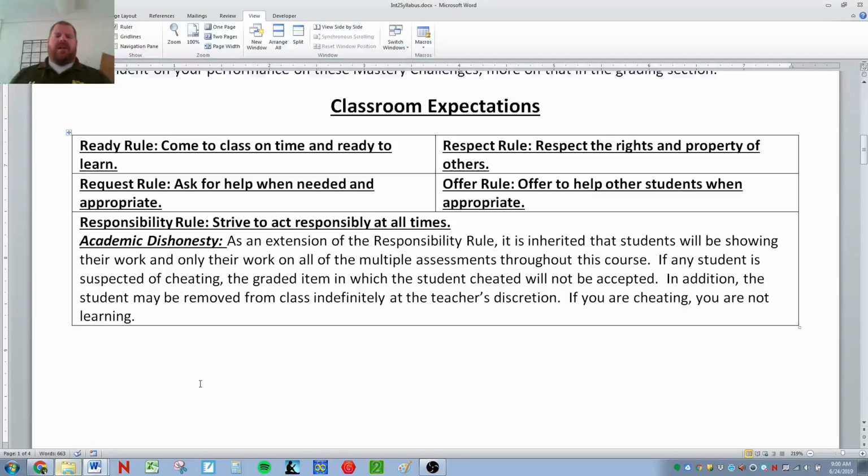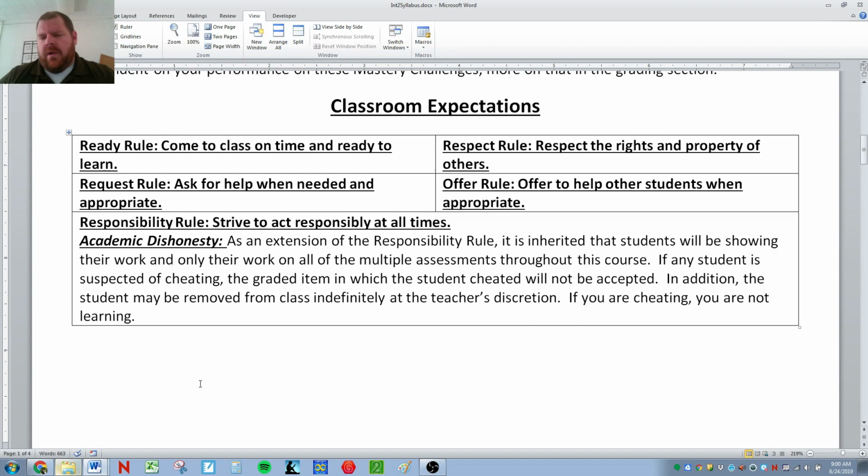Just to go over my classroom expectations, I do expect everybody to come to class ready and on time, ready to learn. I expect everybody to ask for help when needed and when it's appropriate. I mean, when we're taking a test, it's probably not okay to ask, hey, what's the answer to number 5? That's probably a bad idea. The next one, respect rule: respect the rights and property of others.